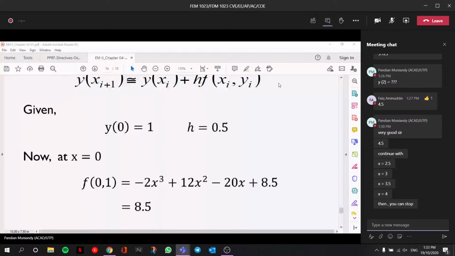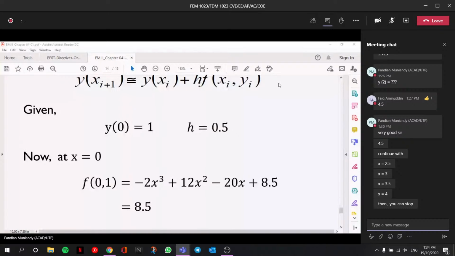So continue with x 2.5, x 3, x 3.5. It is better for you to complete the table. The reason is you will keep on doing this for the next 5 or 6 more weeks.